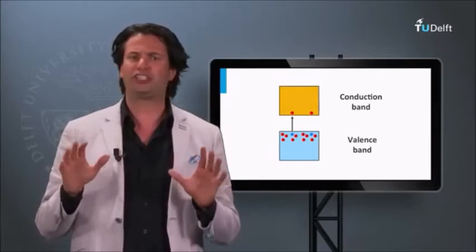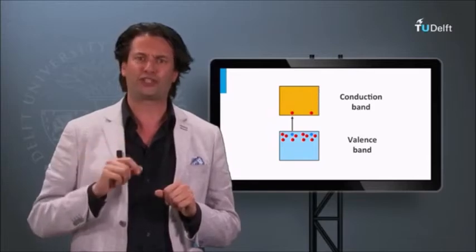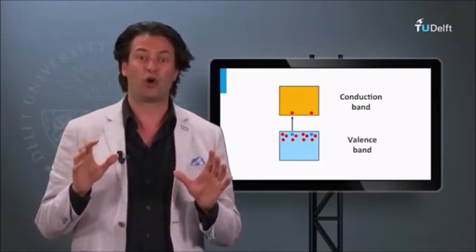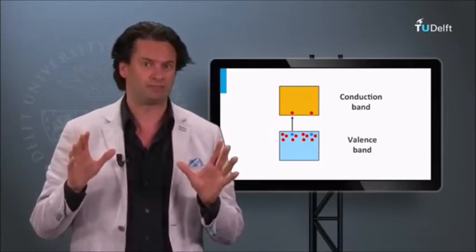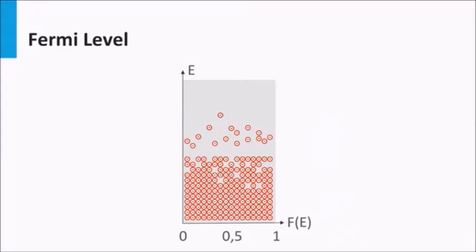Before I discuss these various routes to excite charge carriers, I will first discuss the important concept of the Fermi level. Let's consider a metal. Electrons are filling the electronic band of a metal. The electronic band is a band of continuous energy levels.